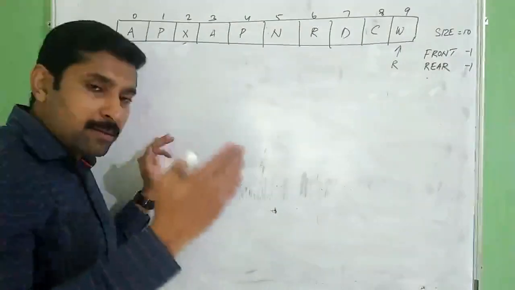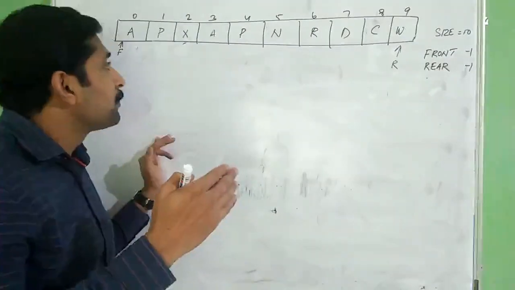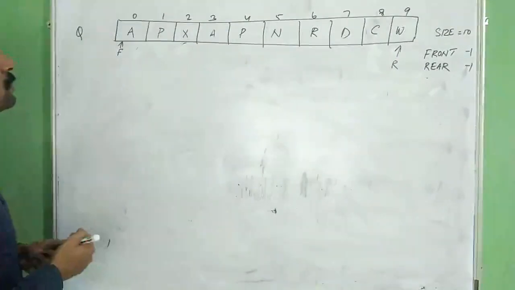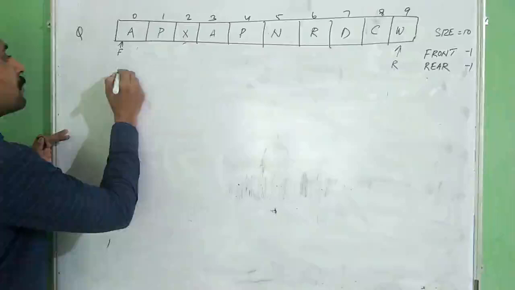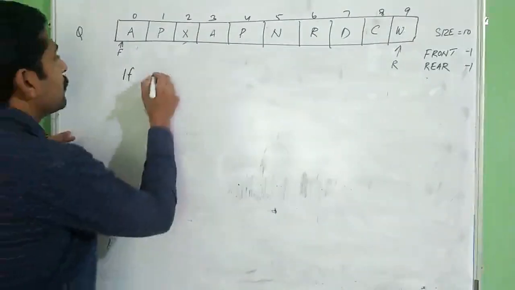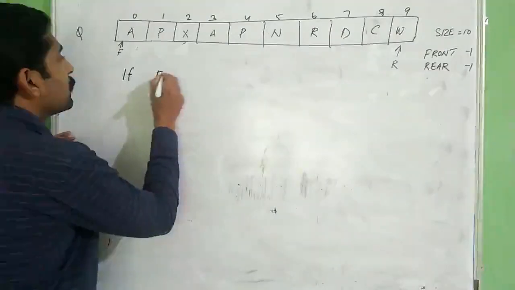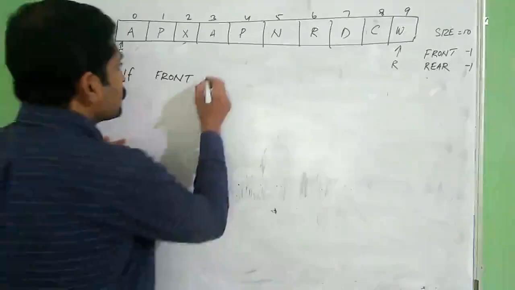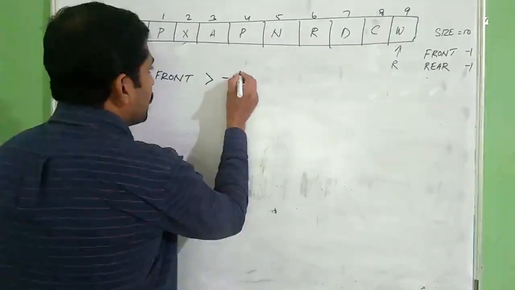So the item at the front will be deleted from the queue. So we will check if front greater than -1.